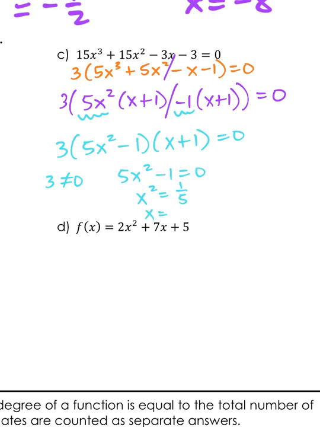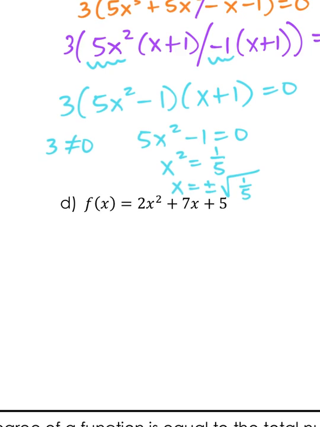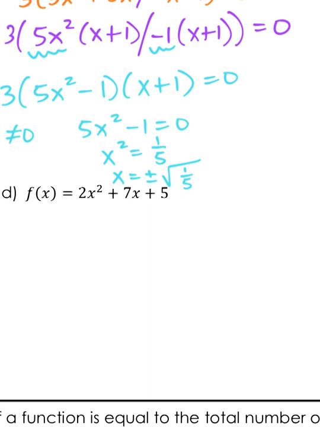So I get x equals plus or minus the square root of 1/5. I guess I can zoom in a little bit. And don't forget the plus or minus. And then the last factor, x plus 1 equals 0. I'm going to get x equals negative 1.